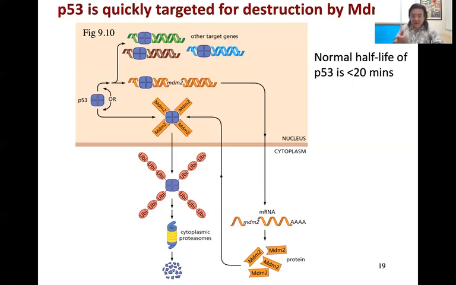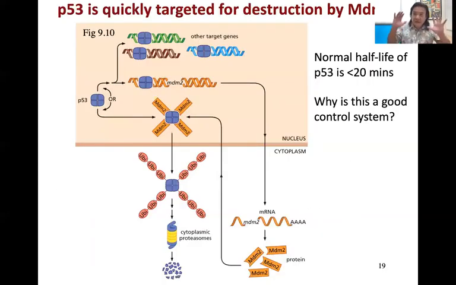So the normal half-life of p53 in our cells, a p53 molecule, is less than 20 minutes before it gets targeted and degraded. So why is this a good control system? It's a good control system because the moment a cell detects that there's something horribly wrong with its genome, it can very quickly deal with it by making use of the p53 that's already there, by preventing the p53 from being associated with the Mdm2.